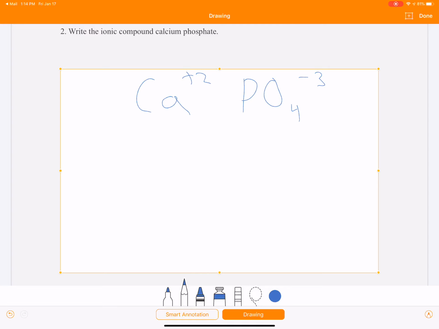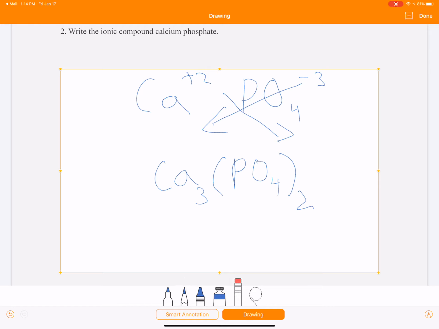So now that you know the swap and dance little trick, you swap your charges. So you bring down a 3 for calcium, and now you bring down a 2 for phosphate. But notice what I'm going to do. I'm going to put the polyatomic ion in parentheses. That just helps us to organize the compound.